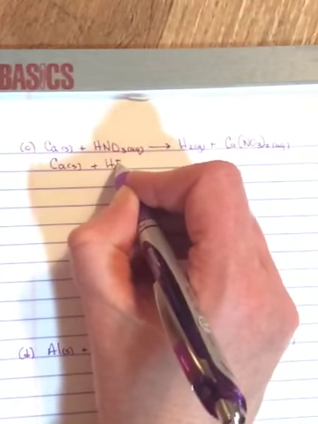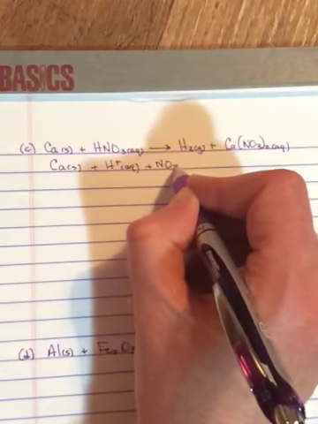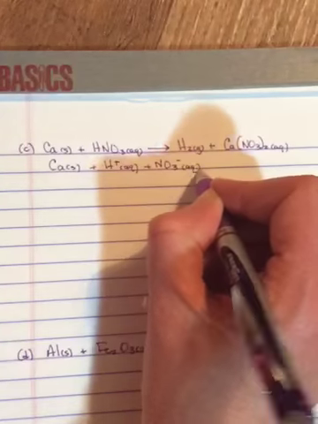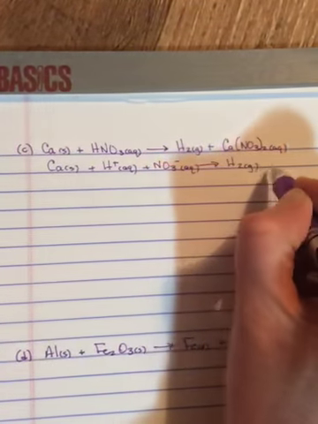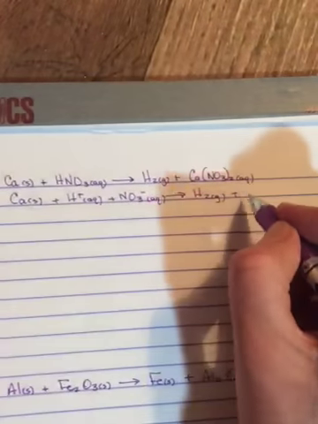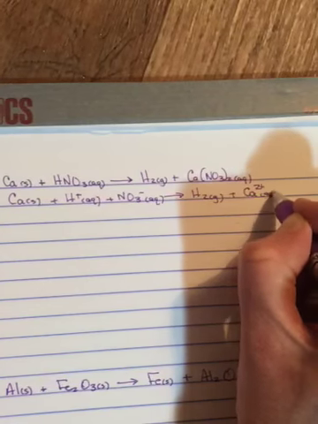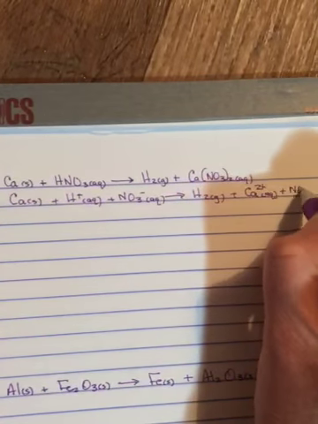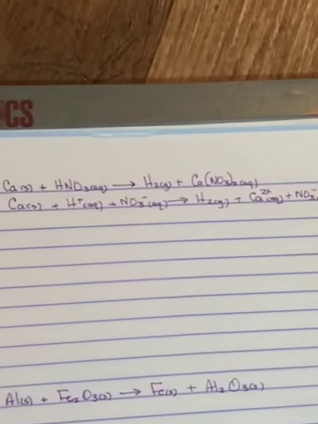It'll be H positive aqueous plus NO3 negative aqueous going to H2 gas plus Ca2 positive aqueous plus NO3 negative aqueous. Okay?